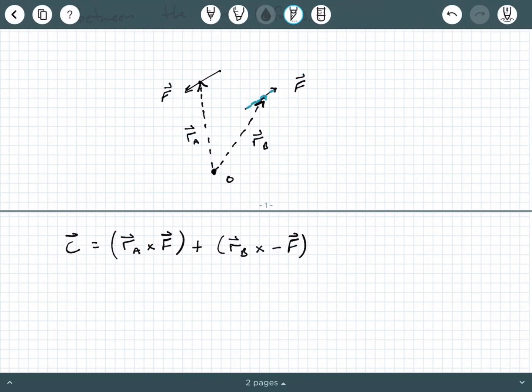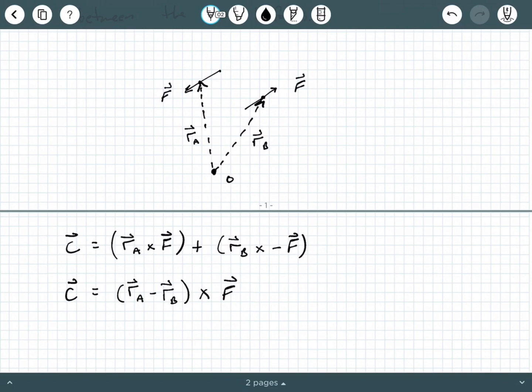And again, this is giving me the Cartesian vector notation of the moment generated by F acting through RB. So I can do a little bit of algebra here, some factoring and gathering of terms, and I can end up saying that this is RA minus RB cross F.